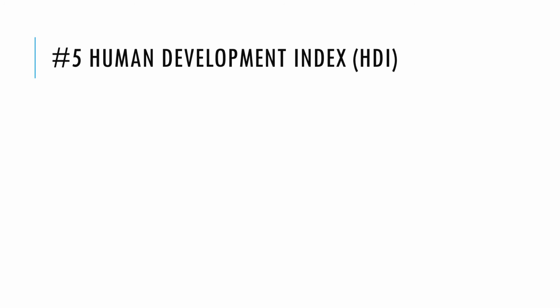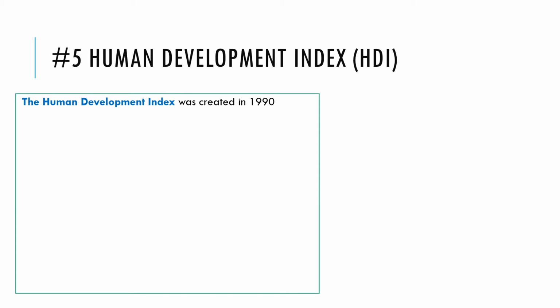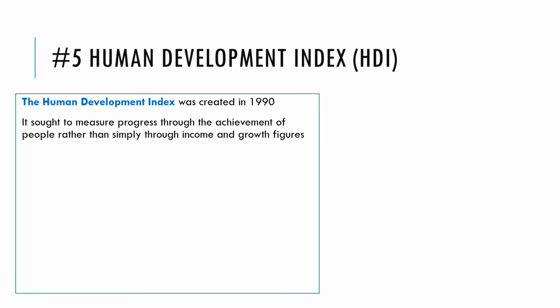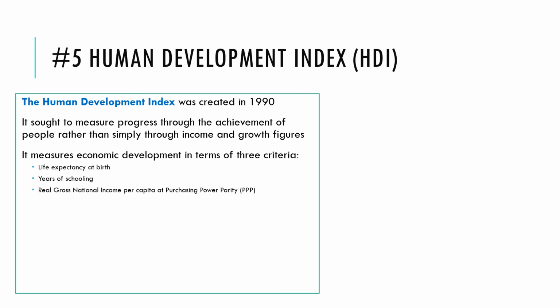The last indicator of economic performance we need to be aware of is what's known as HDI, which stands for the Human Development Index. This was created in 1990 to monitor the performance of economies and is broken down into a number of different categories that are trying to measure the achievement of people rather than just income and GDP.